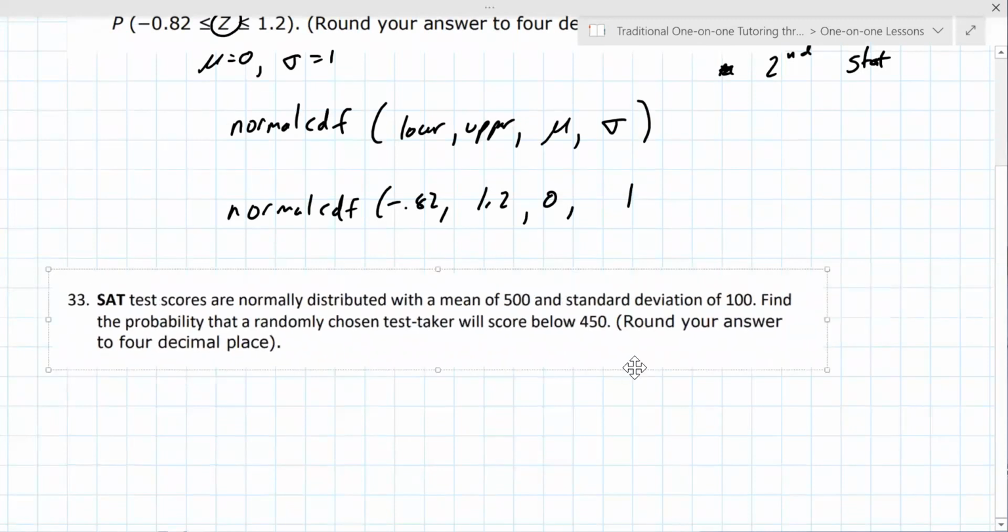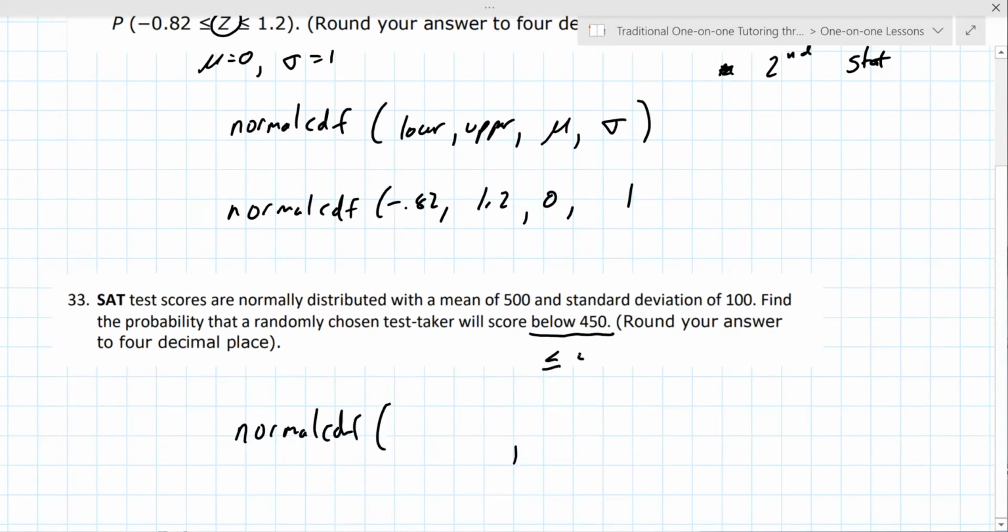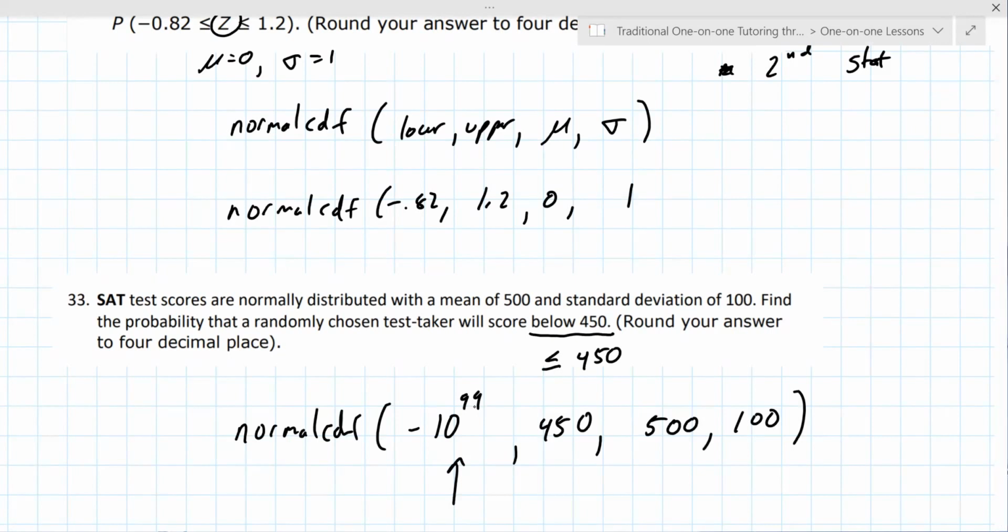So here it's normal CDF, and since it says below, that's less than or equal to 450, that's your upper, and your mean is 500 and your standard deviation is 100. But the question is always what to put here. Now, some instructors tell you minus 10 to the 99, which does work. It's excessive, but it does work. If you want to just do that, that's the most straightforward way to do it.